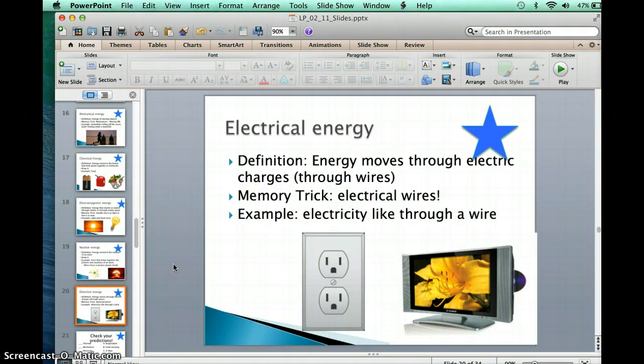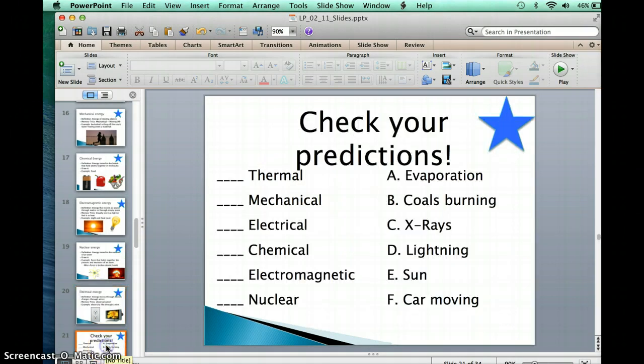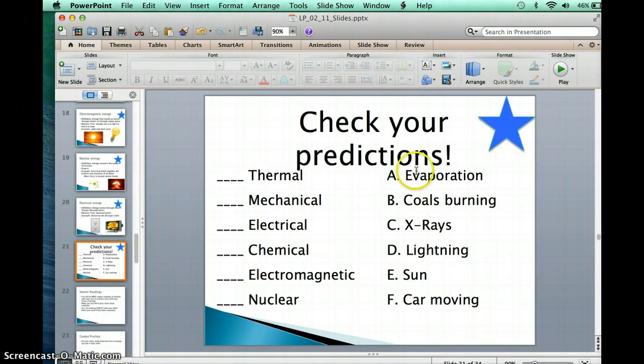You're going to go back to the back of your notes when you're ready, and you're going to check your predictions from the beginning. So the first one, evaporation, that evaporation is happening because the water is getting heated up. So the atoms are moving faster and changing from a liquid to a gas. So because it's heat, we're going to call it thermal energy.